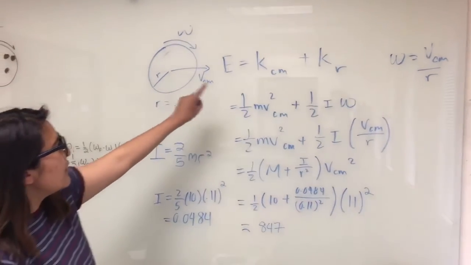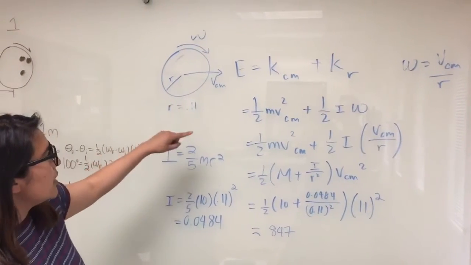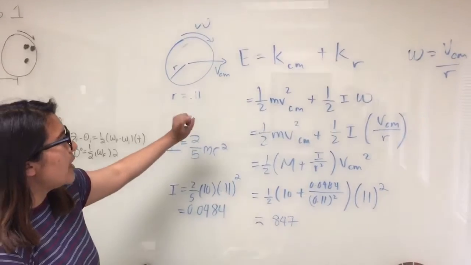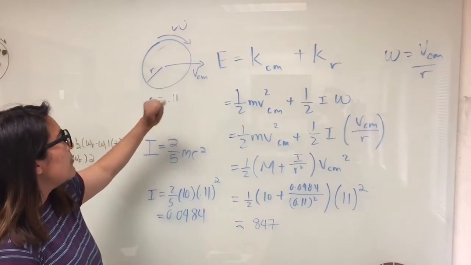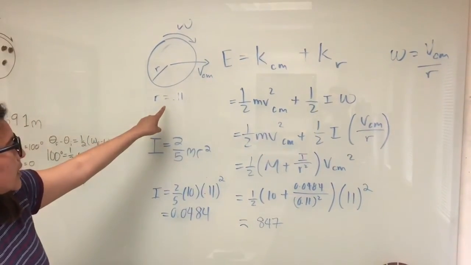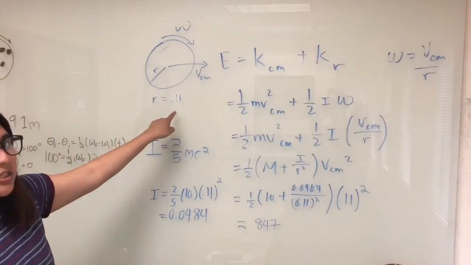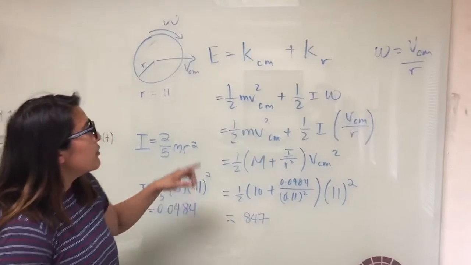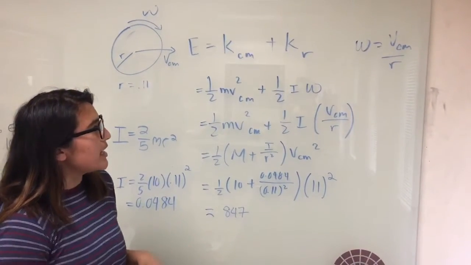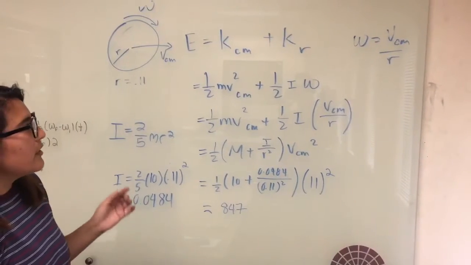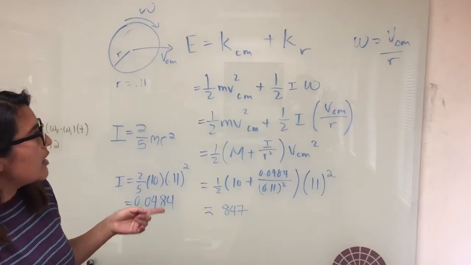Okay, in order to find the energy of the ball rolling over, you need to have the velocity of the center mass along with the angular velocity, and they both have a common radius, and the radius, as mentioned, is 0.11. So in order to find the energy, we need to find the energy of the center mass plus the energy of the bowling ball rotating.